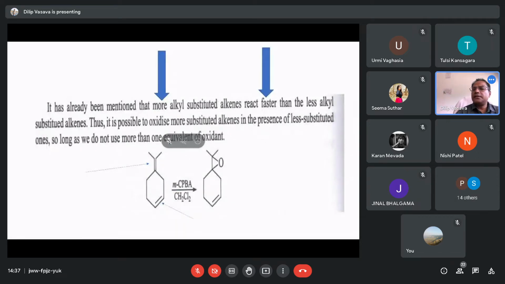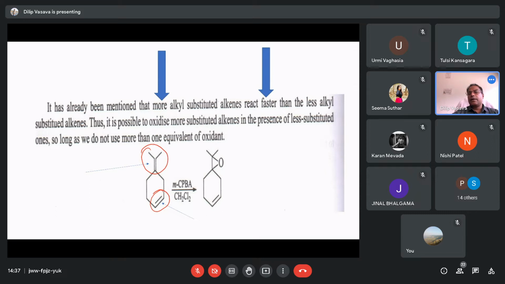So here, the double bonds are there, between the carbon-carbon, and here also between the carbon-carbon in the ring. In the cyclic alkene, the reagent approaches from the less hindered side of the double bond.